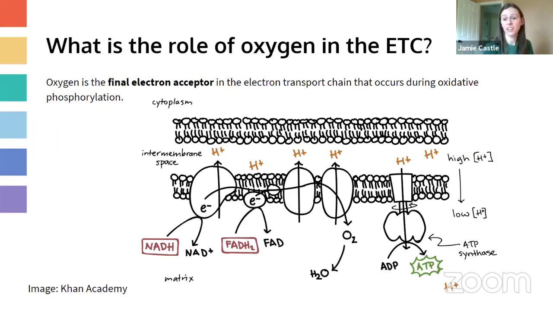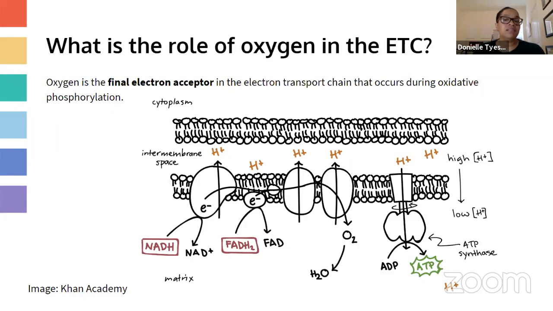Danielle, you're muted. I would also like to add that when you look at the inner membrane space, you need to think about the fact that the hydrogen ions are creating an acidic environment, and they are pumped through the ATP synthase to phosphorylate the ADP into ATP.